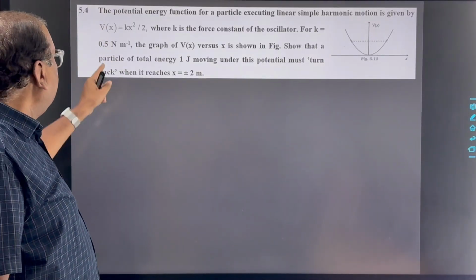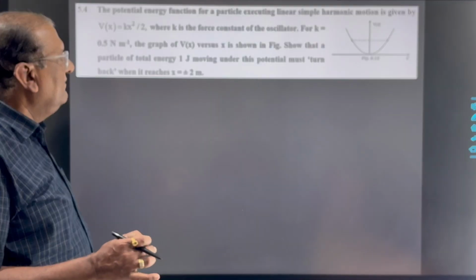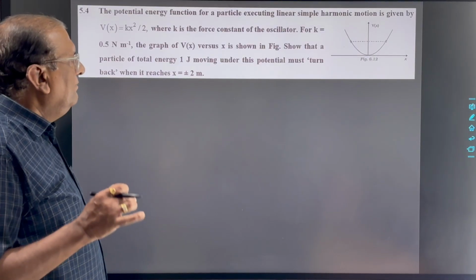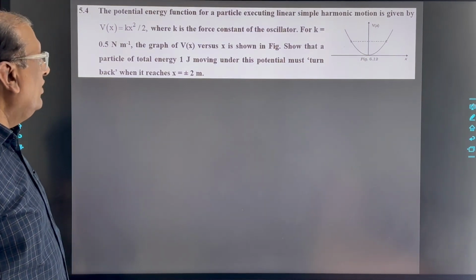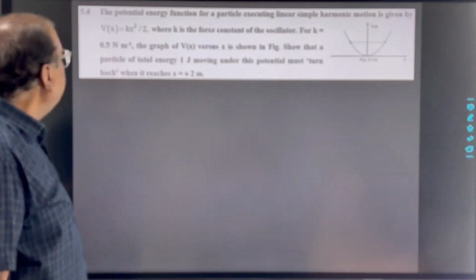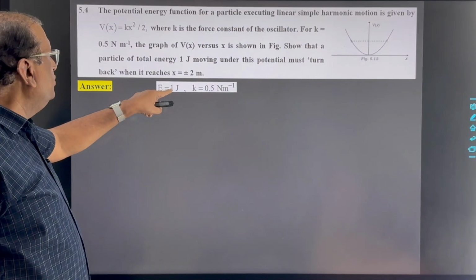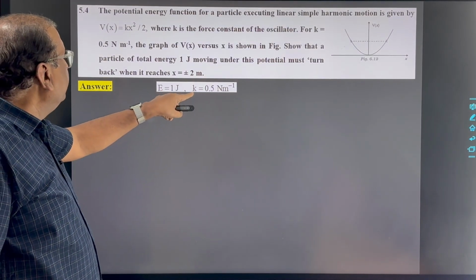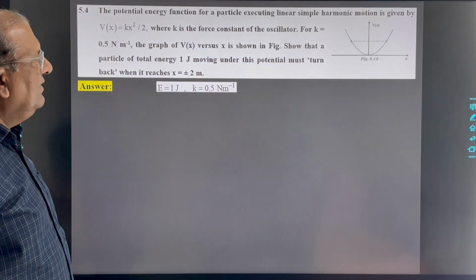Show that a particle of total energy 1 joule moving under this potential must turn back when it reaches x equal to plus or minus 2 meter. Now see here, the total energy given to you is 1 joule, and the force constant k is 0.5 Newton per meter.